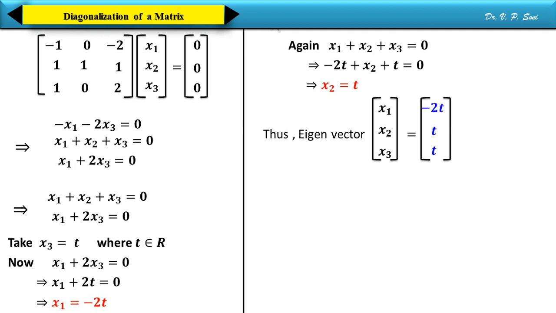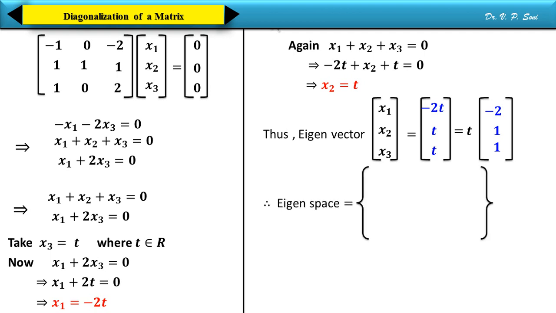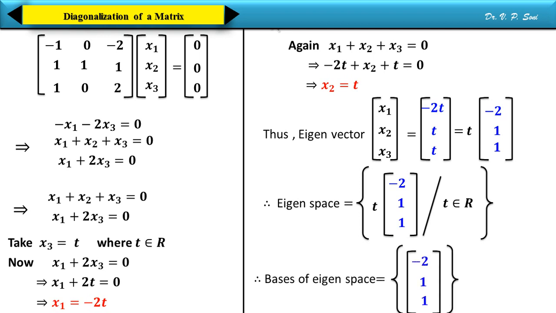Take t as a common factor, then we get t into vector minus 2, 1, 1. Therefore the eigenspace is the set t into vector minus 2, 1, 1 such that t belongs to R. Therefore the basis of the eigenspace is the set containing vector minus 2, 1, 1. Here the basis of the eigenspace contains only one vector.